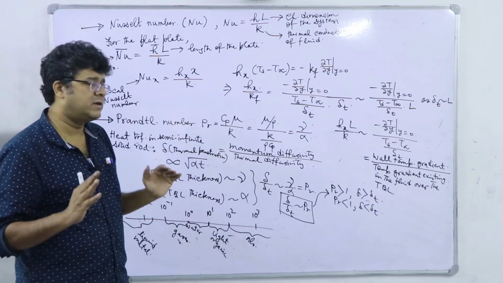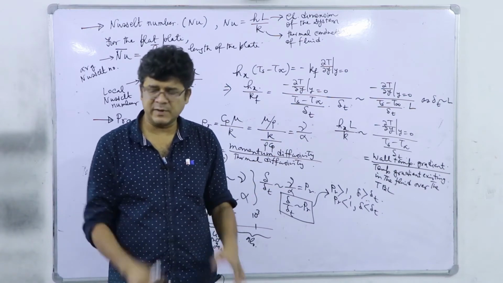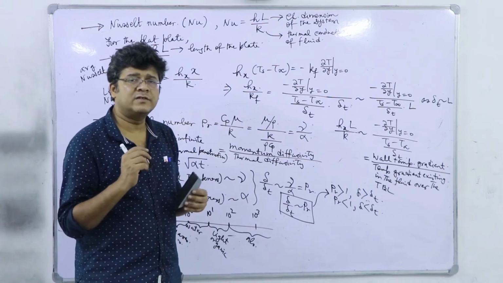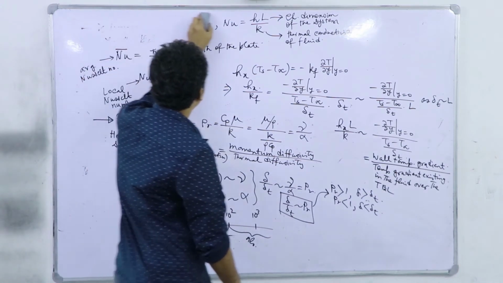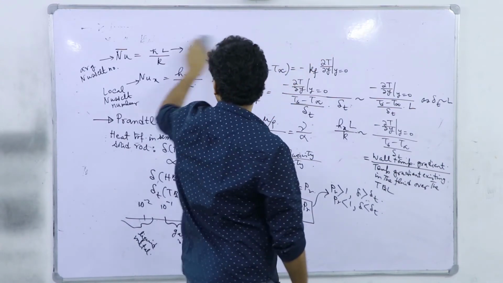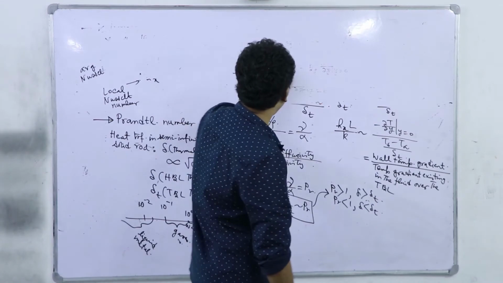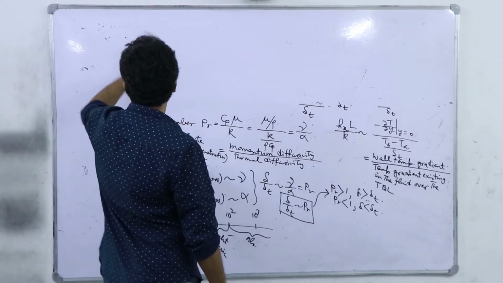So with that, knowing these sort of representations and the respective dimensionless groups, let us now proceed to the formulation of energy equation. See, again we will consider this is not a generalized derivation.